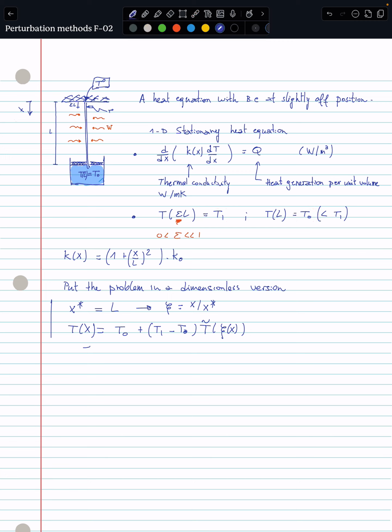So if T is equal to T0, it means that T0 is equal to T0 plus (T1 minus T0) times T tilde. That means T tilde is equal to 0. And when T is equal to T1, it means that T1 is equal to T0 plus (T1 minus T0) times T tilde, meaning that the dimensionless temperature is equal to 1.